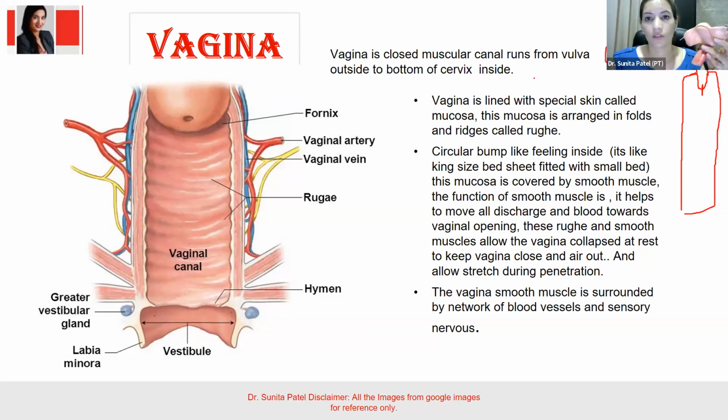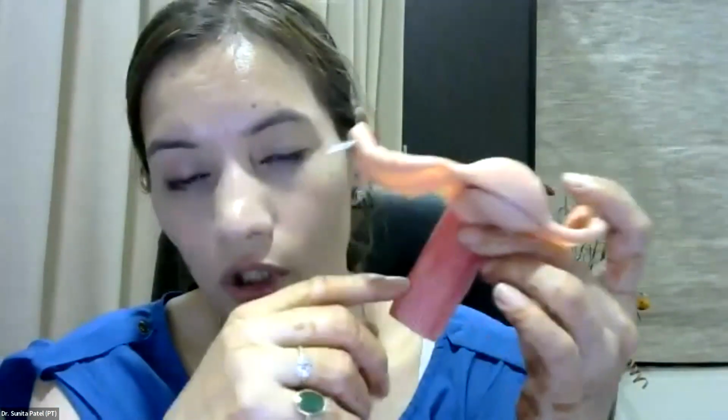Can you see this? This is something which is visible outside in the vestibule. Once we open it, this part is visible outside, and on that part only the hymen tissue is present. Okay, it's outside here. Now this is the vagina, a whole long tube.